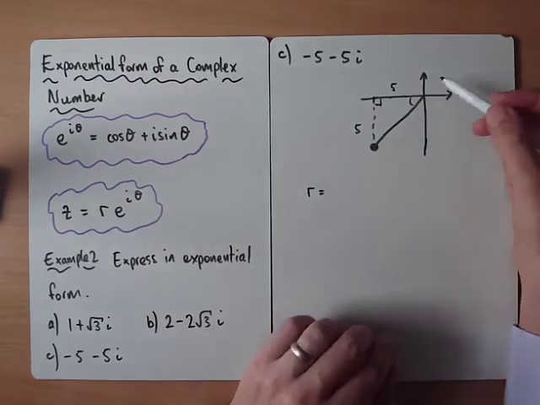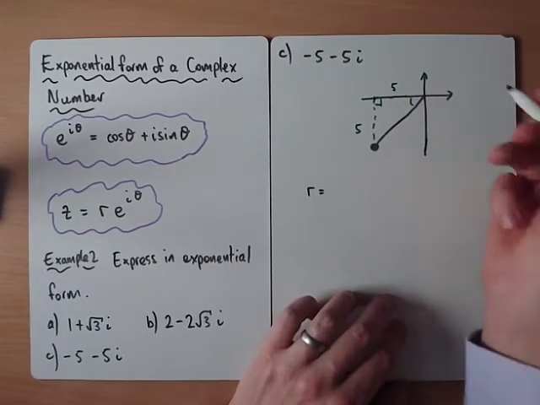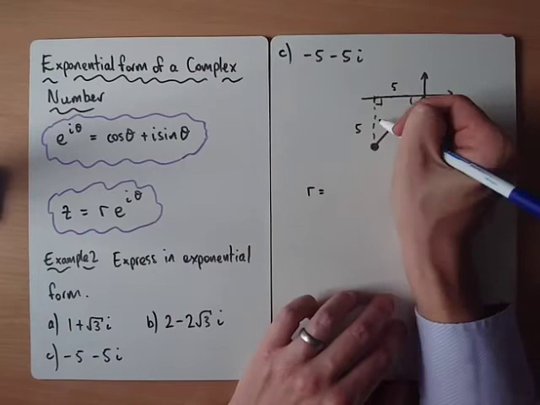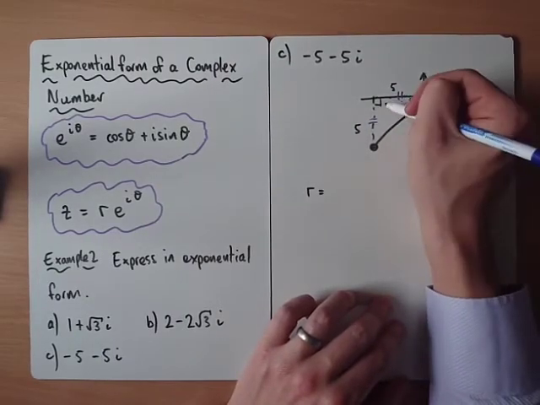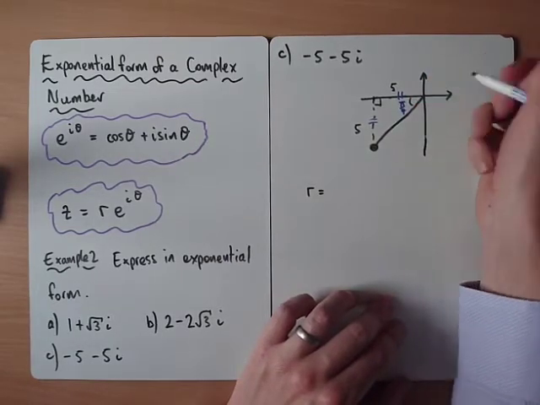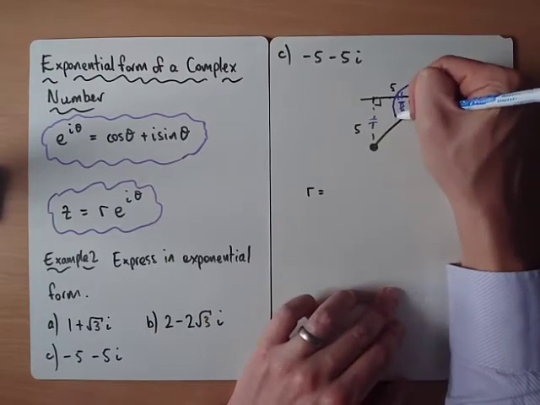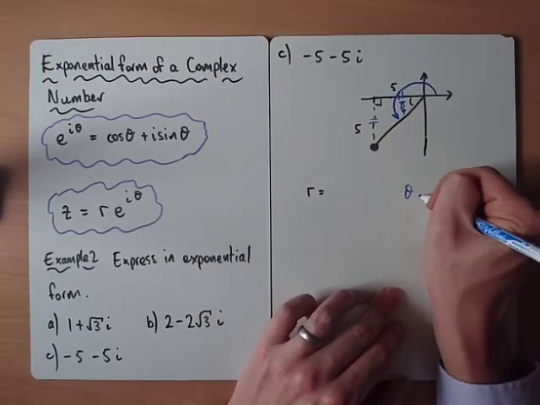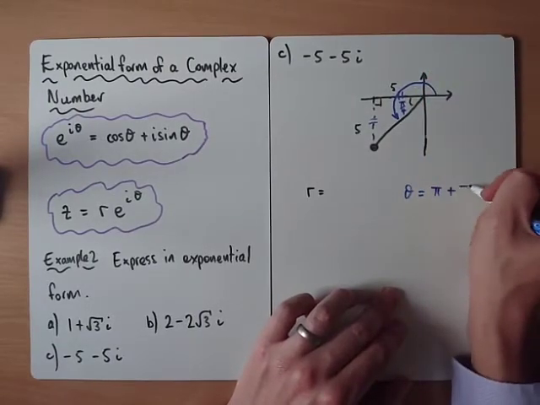Okay, so for this one again, a sketch should be useful. Minus 5i. Hopefully we're okay at spotting the geometry of this. We've got a nice isosceles triangle, haven't we? If that's 90, they're both 45s. In other words, if that's pi over 2, we know that's going to be pi over 4. So the argument that we use will be pi plus pi over 4.